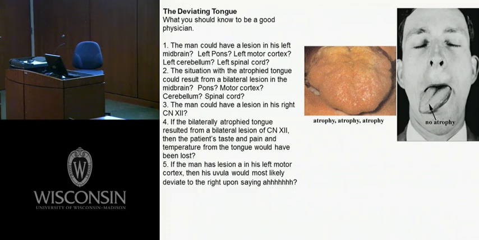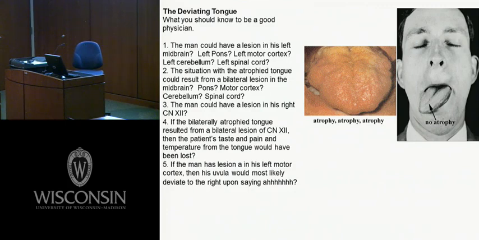So the bilaterally atrophied tongue, like I said, you could have bilateral lesions in the hypoglossal nucleus. You could have lesions in the hypoglossal canal, something like that. But this one's got to be lower motor neuron. This one again is upper motor neuron because there's no atrophy. What else could I ask you?